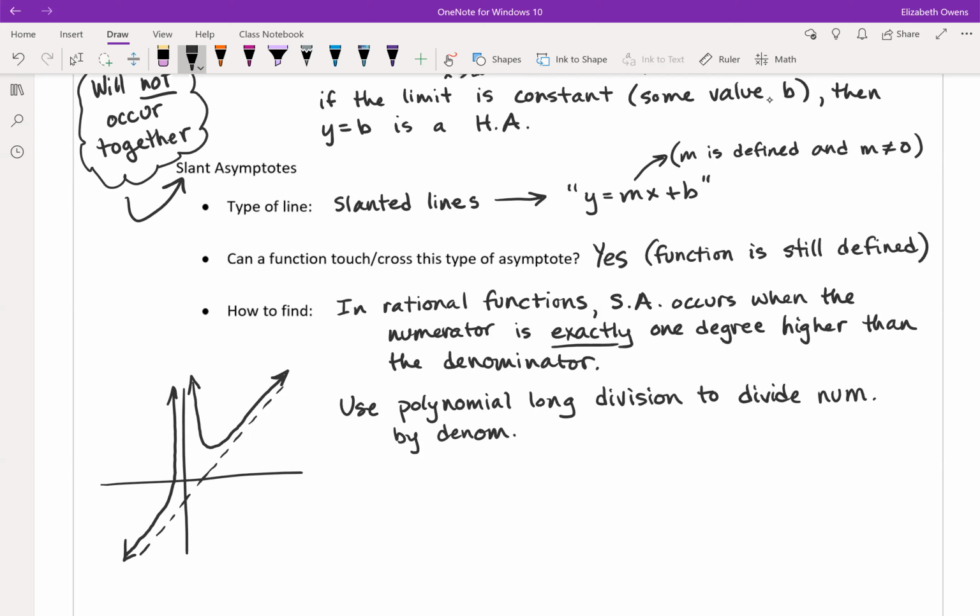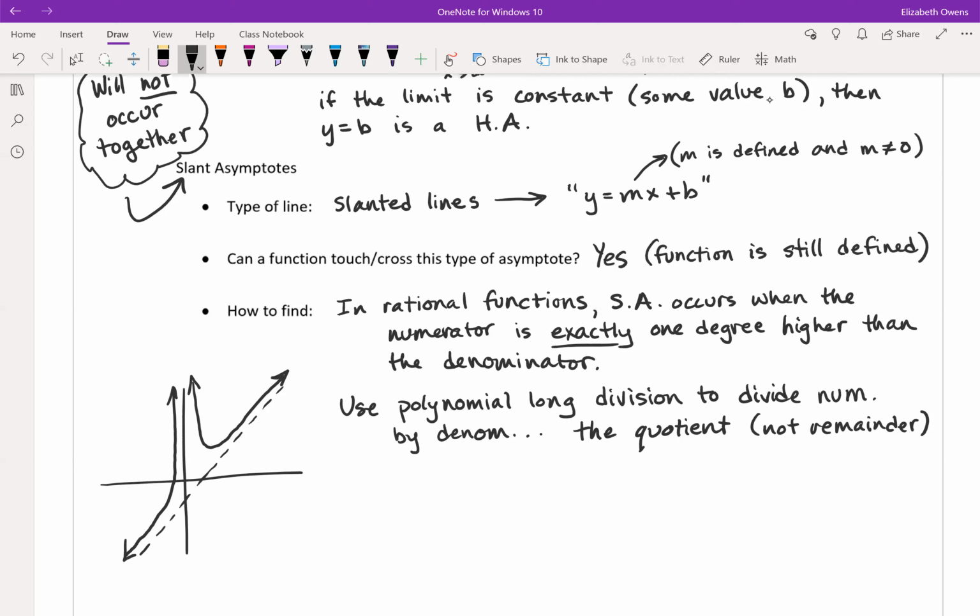And then when you do that polynomial long division, the quotient, okay, so the quotient is the result that you get from division. It's not the remainder portion, by the way. We'll make sure to differentiate between those two, okay?